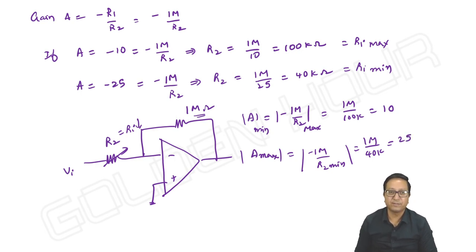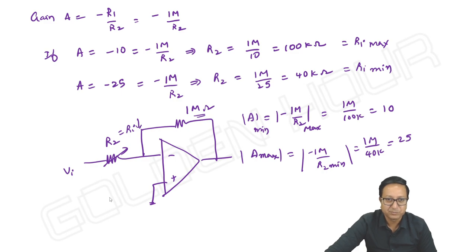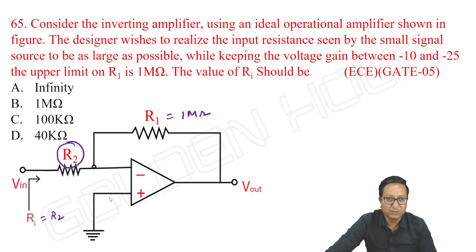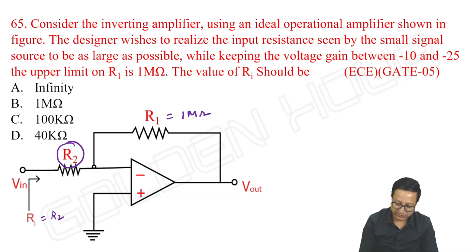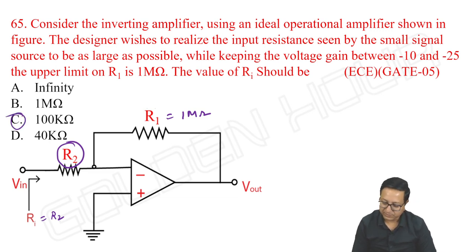You can vary this input resistance starting with a maximum of 100k to coming down to a minimum of 40k. Then the gain magnitude will change from minimum of 10 to a maximum of 25. Okay, this is the idea here. So our answer should be this one.